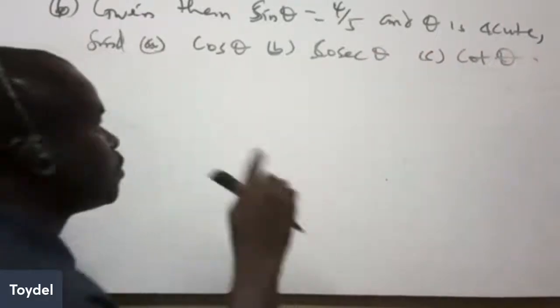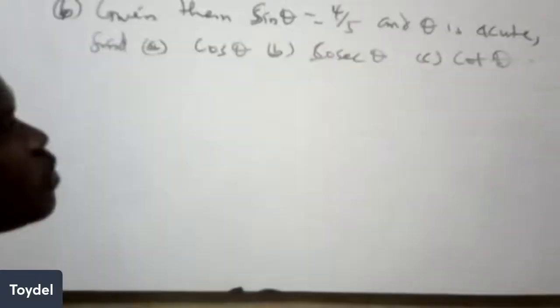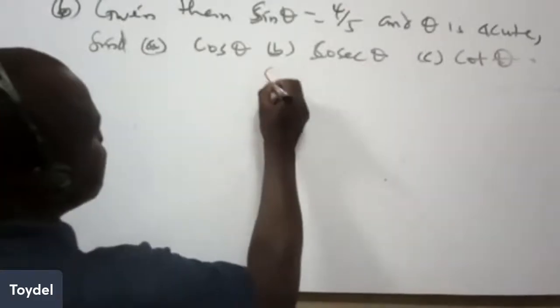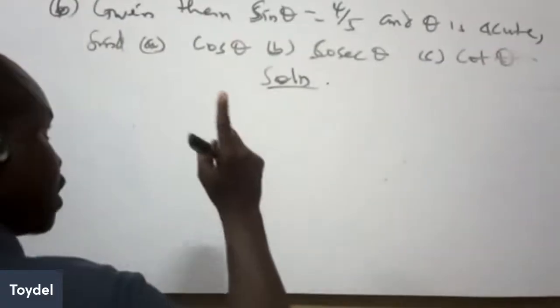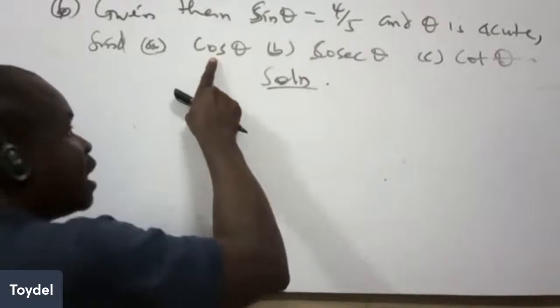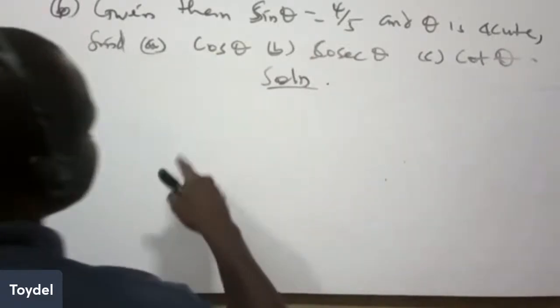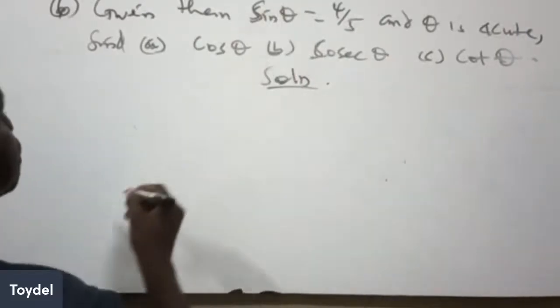Of course, you can be required to find one at a time under multiple choice question. I just try to merge everything together so that we'll be able to revise. Under multiple choice question, you'll be asked to find tan theta, cos theta, cosec theta, sec theta, or cot theta. So I just try to put everything together so that we'll be able to revise Trig.